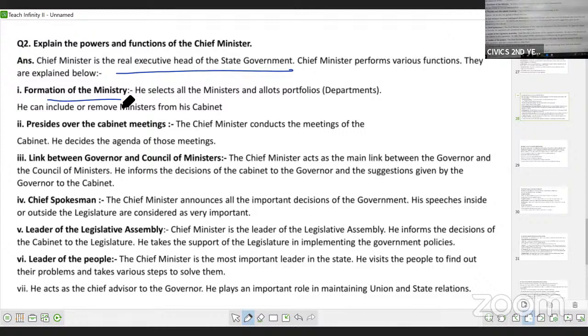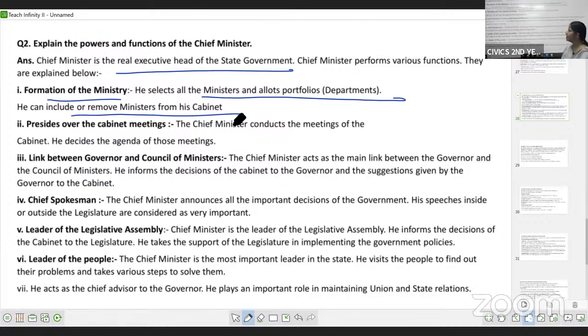After getting appointed, the chief minister will select his ministers and allots them the departments. He can include or remove the ministers from his cabinet. If they are not performing, he can remove them. If he wants more ministers, he can include them.